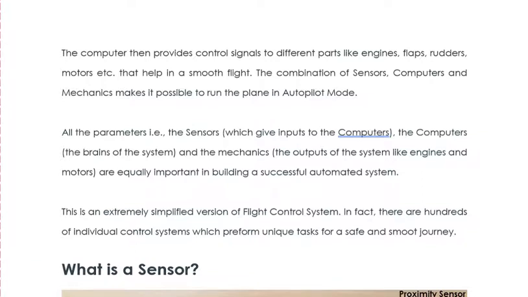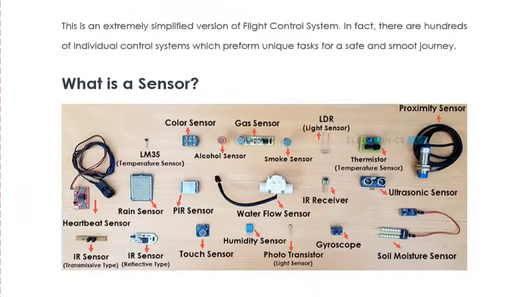Okay, so as we saw, the whole system will not function if one of those components is absent. This is just an extremely simplified version of a flight control system. In fact, there are hundreds of individual control systems which perform unique tasks for a safe and smooth journey.